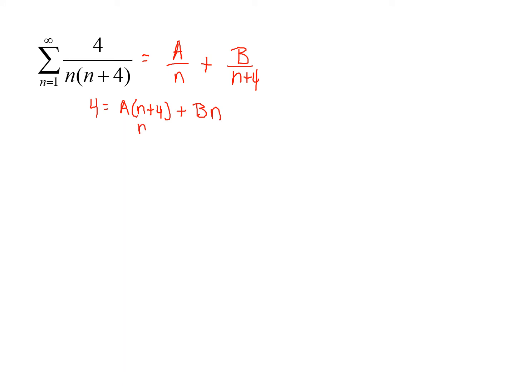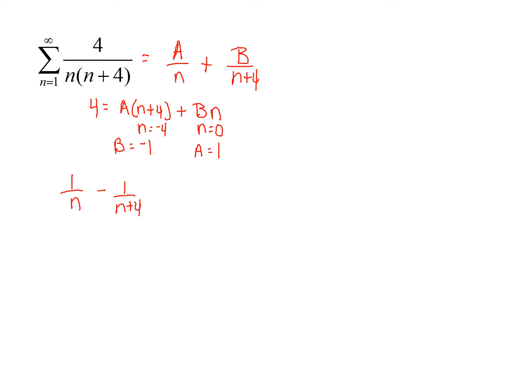We're going to let n equal -4, and we get B is equal to -1. We're going to let n equal 0, and we get A is equal to 1. So I have 1 over n minus 1 over n plus 4.